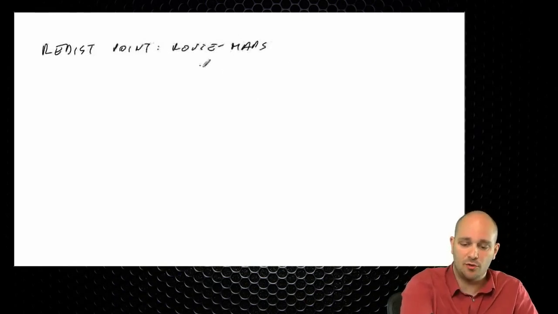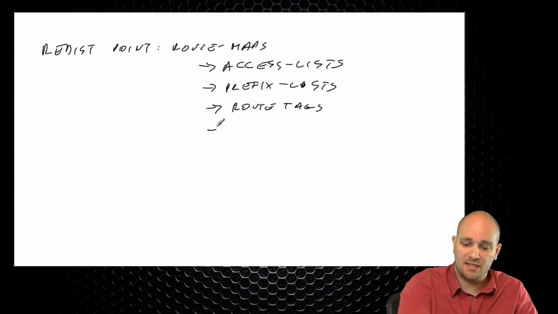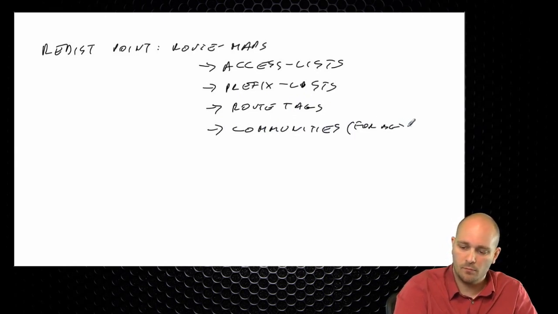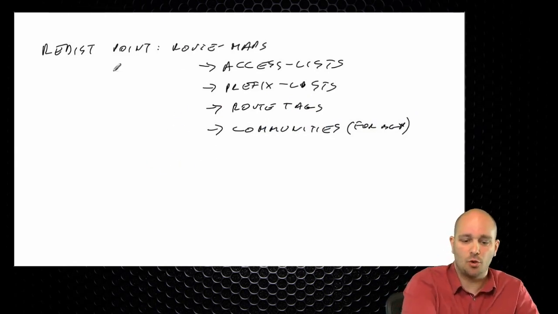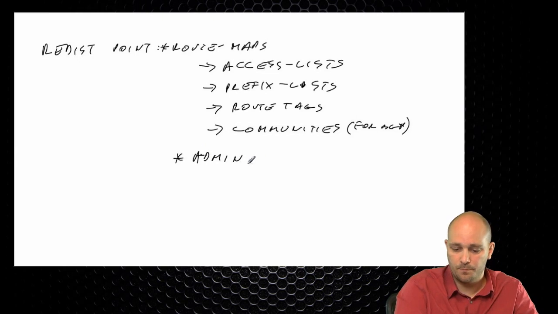Now, the good news is that in route maps, I can use access lists, I can use prefix lists, I can use route tags. In a case that BGP is involved, I can use communities. Excluding the route maps, at the redistribution point here, I can also use admin distance tricks to filter some routes.